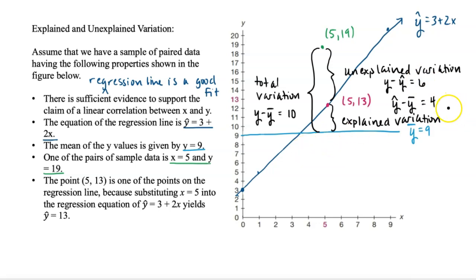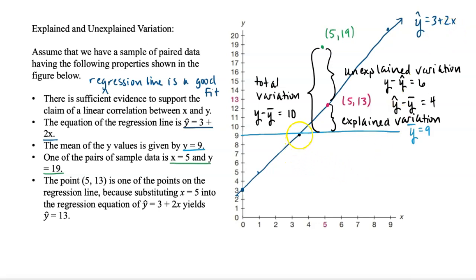Now let's take a minute to talk about why this is called explained and unexplained variation. Let's say I'm dealing with a situation like I have pictured, where I've got some sort of positive correlation between the x and y variables. I know that's this situation because here my regression line has a positive slope, meaning I've got a positive correlation.